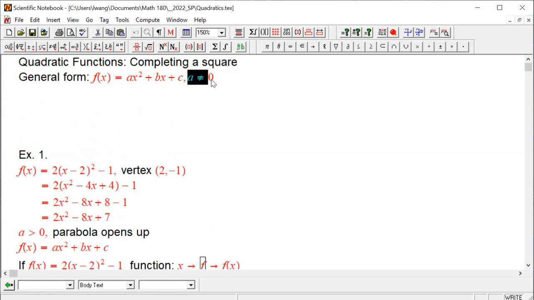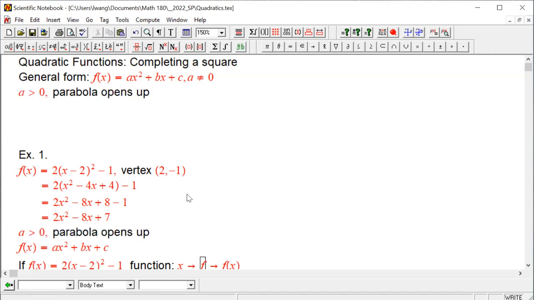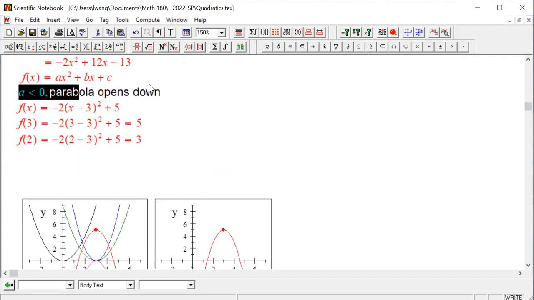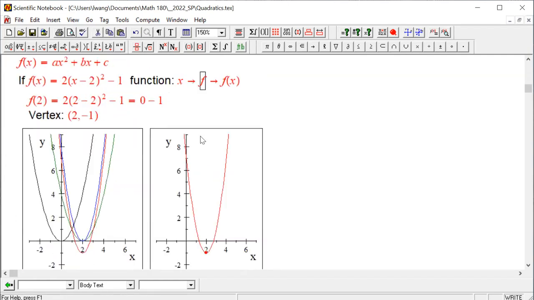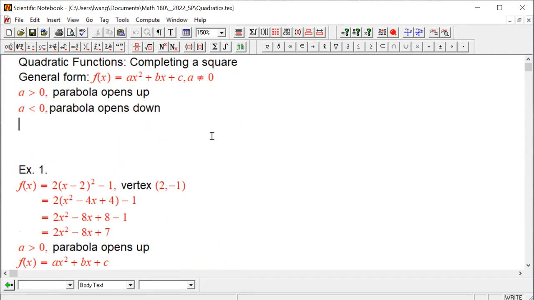You can see a cannot be 0, so a is either positive or negative. We just saw that if a is positive, the parabola opens up. If a is negative, the parabola opens down. Is that true? Well, we have two examples, but two examples doesn't mean it's going to be true.